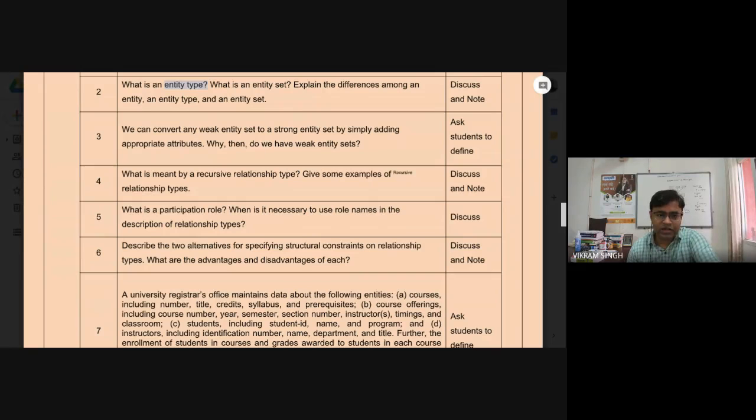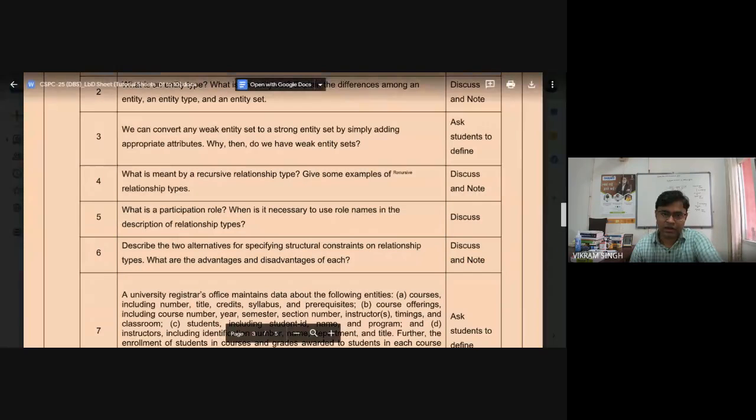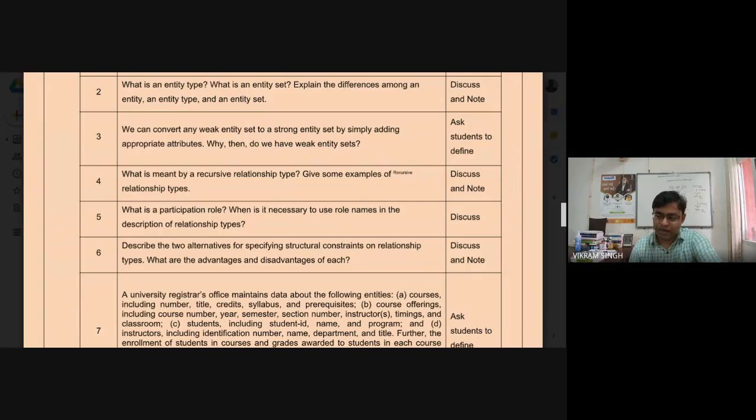Okay, question number 3 says we can convert any weak entity set to a strong entity set by simply adding an appropriate attribute. Why then do we have weak entity sets, right? I think we have discussed this. Yes, naturally we can convert, and that's what we are doing. When we defined the mapping from the conceptual diagram to the logical diagram, the weak entity depends on a strong entity, so we added its primary attribute to make it strong, to make it existent, right?